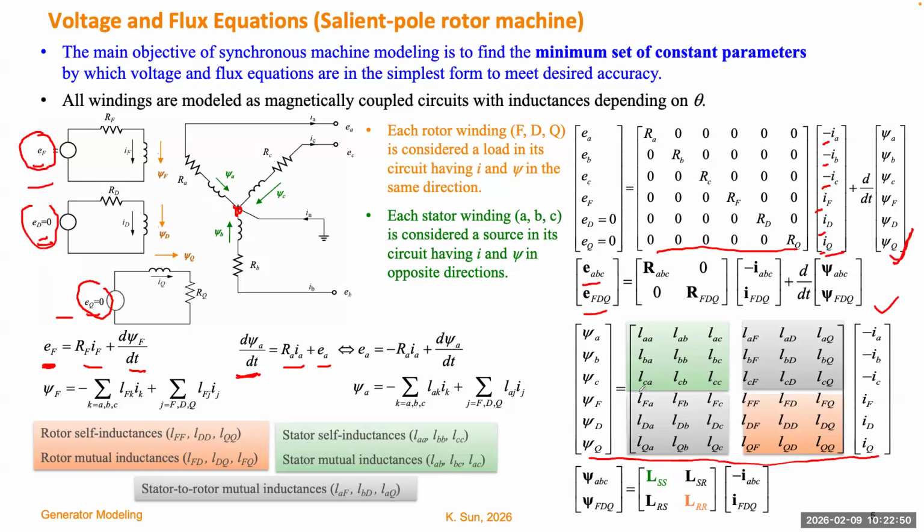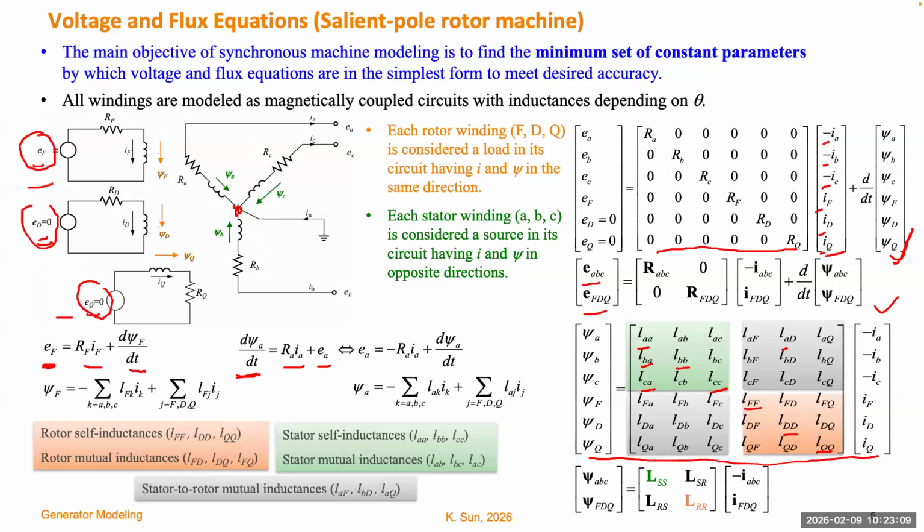So there will be a 6 by 6, 36 elements. Each represents either self-inductance if it's a diagonal element, or mutual inductance if it's an off-diagonal element.